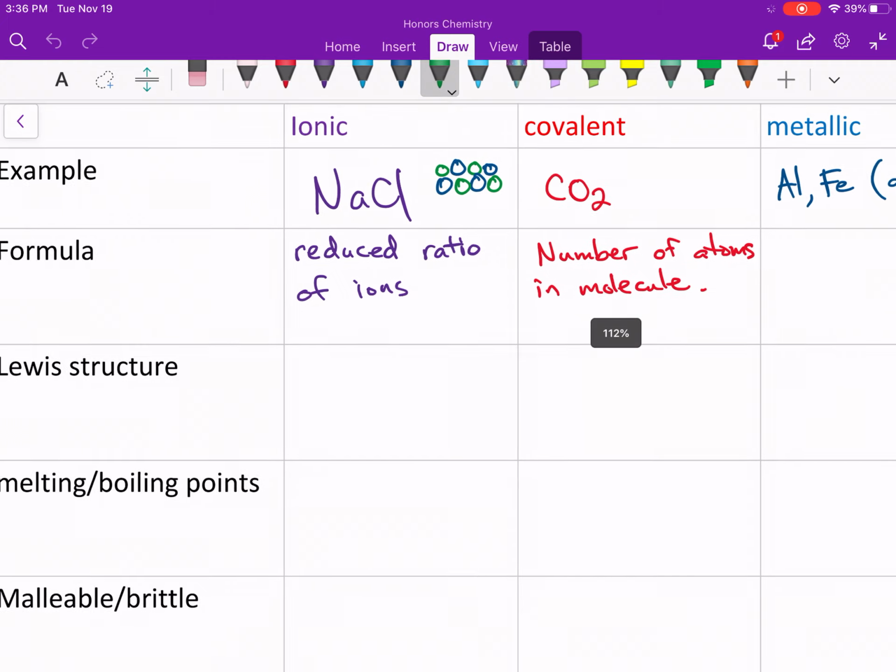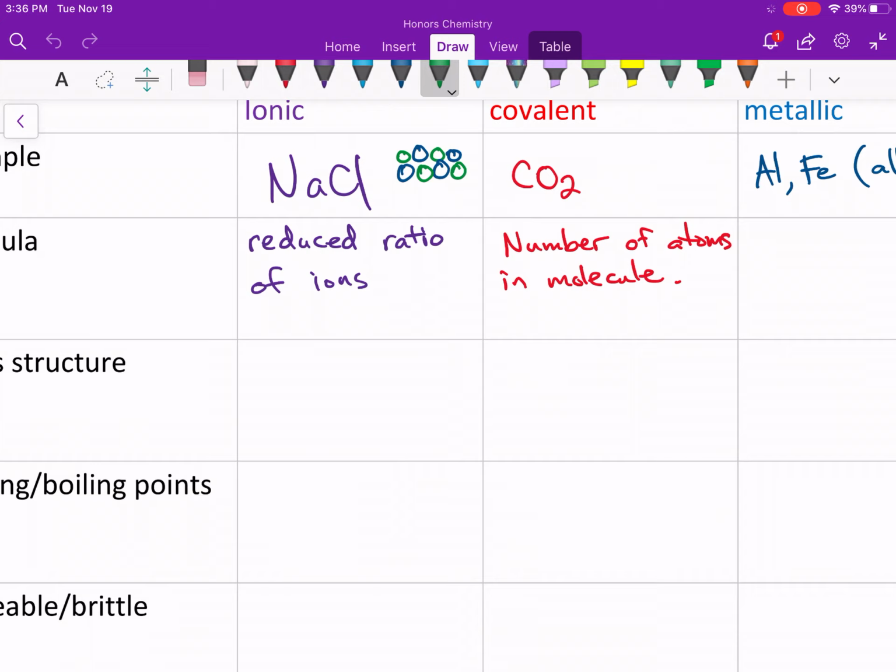But with a covalent compound, each molecule is discrete. It is its own thing. So you don't find NaCl formula units by themselves a lot, but CO2, carbon dioxide molecules, do float around independent of each other as a discrete unit.